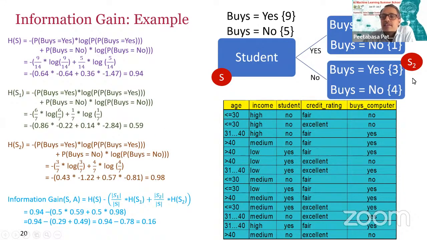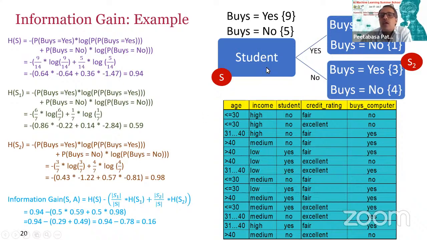Then I have the second set, S2, where I have buying computer 3 and not buying computer 4. There is an entropy associated with it, which is 0.98. As you can see in S1, buying computer yes is highly dominant over buying computer no. There is a high level of certainty or confidence. You can say that if the person is a student, then they are more likely to buy a computer, and you can see that the entropy is low here.